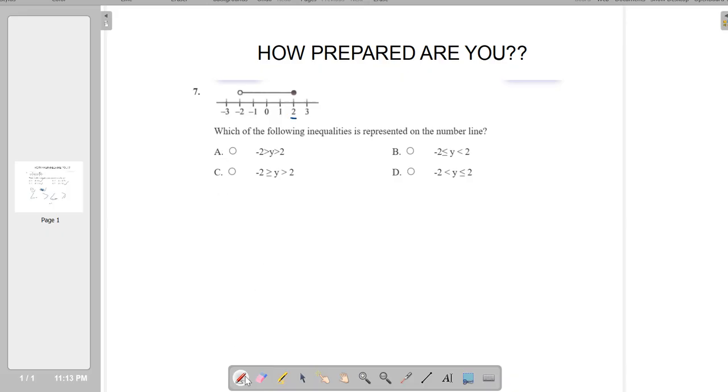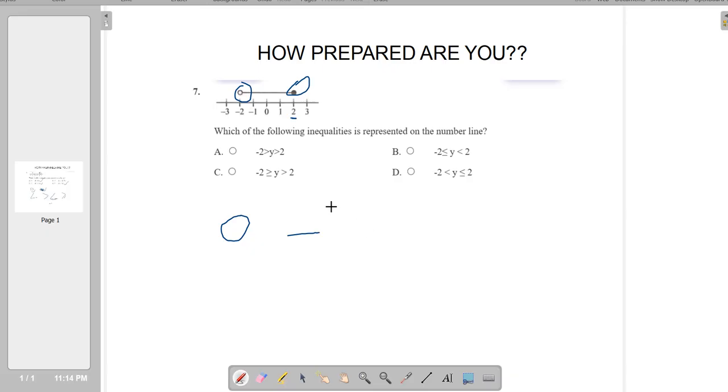First of all, you have to know the meaning of this. In inequalities, the circle without the shading simply represents the number it is put on, and it tells you that there is no equal to attached to that number.